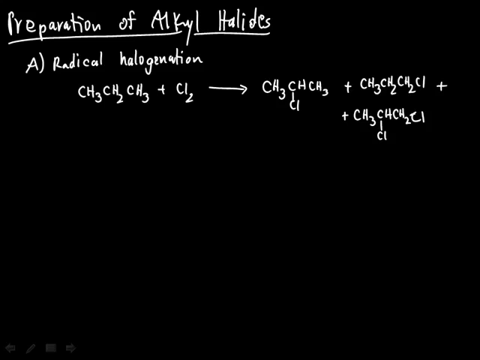The additional problem with chlorine, which is a little easier to handle in industrial settings, is the fact that it's a gas, so it's difficult to control the amounts of chlorine that you use. And so in general, chlorination is not a very useful reaction in industry, but there are some cases when this does work. These are cases when there's very few or virtually no option for different products.